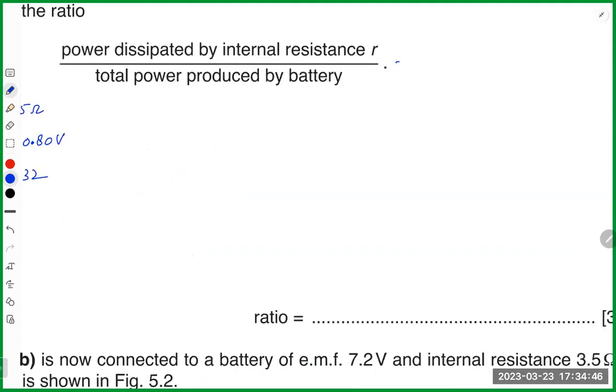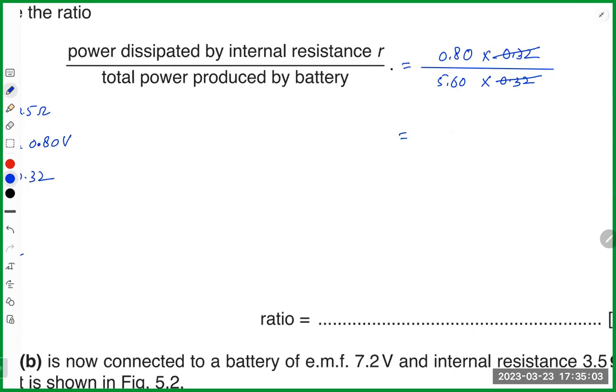So when we are finding this ratio, it will be simple, 0.80 into 0.32 divided by 5.60 into 0.32. So the 0.32 becomes irrelevant. It is 8/56, 1/7, 0.142143.